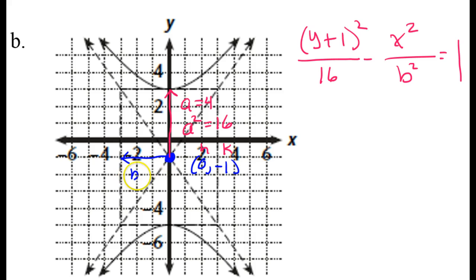So I see that b is 3, so that means b squared is 9. Remember that a squared is always first for a hyperbola. It's the denominator of the positive term. B squared is always second, the denominator of the negative term. Anyway, that's it for part b.